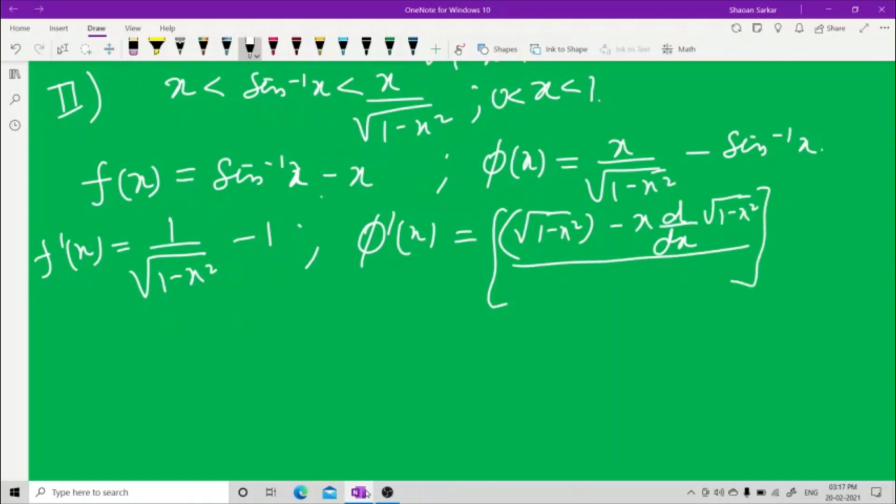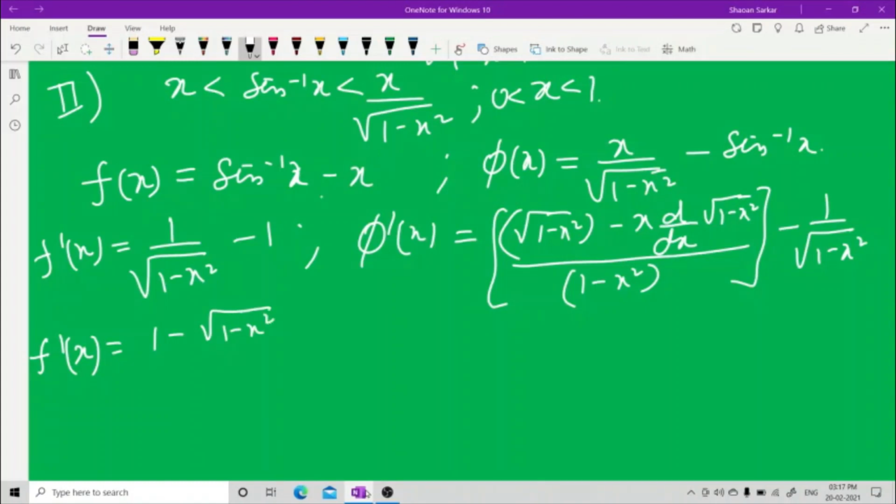The square of this is this, minus 1 upon under root 1 minus x square. Take the LCM. f dash x is 1 minus under root 1 minus x square upon under root 1 minus x square.